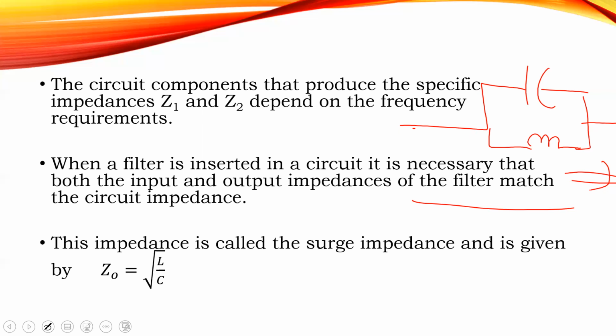If you have a lower frequency, then that will cause XL to be greater. No, at low frequency, XC is greater. Sorry, XC being greater, the response will be the effect from the inductor.